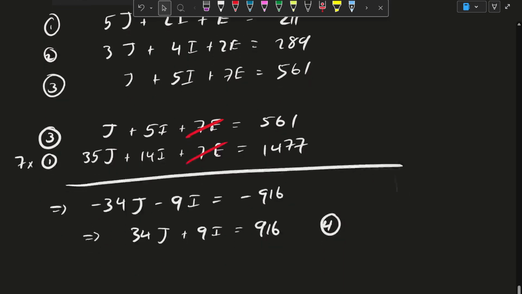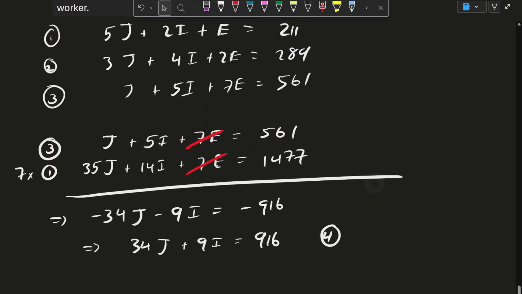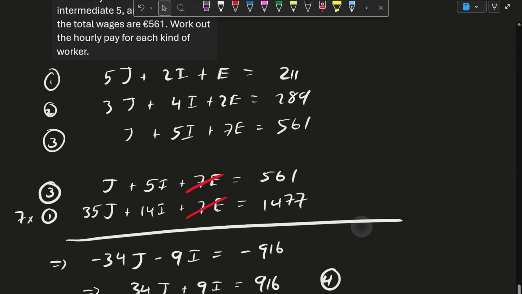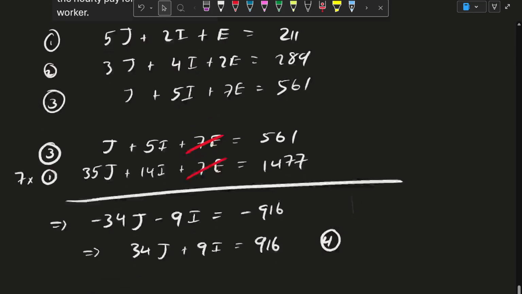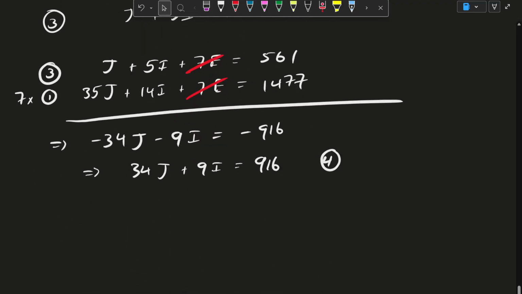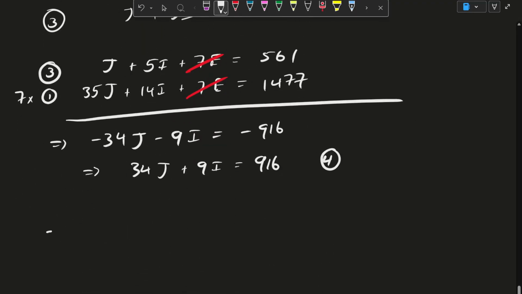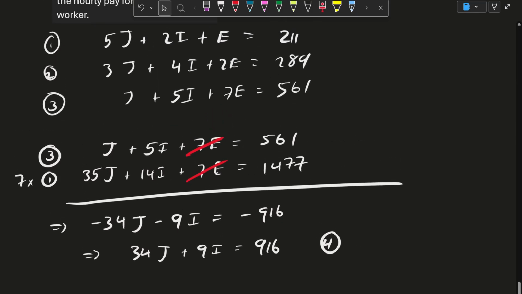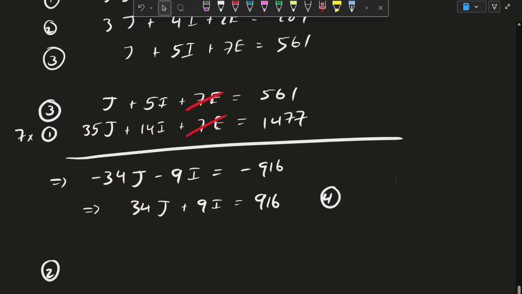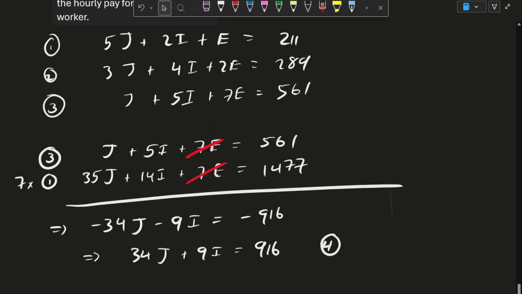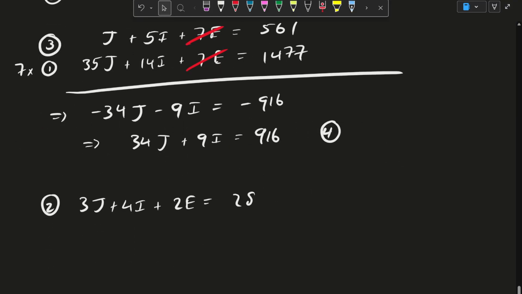Okay, now we just have to pick another pair of equations. And the next pair I'm looking at is between 2 and 1, because there's a 2E and an E that we can play around with. So equation 2 with the higher coefficient I'm going to put first. So 3J plus 4I plus 2E is equal to 289.